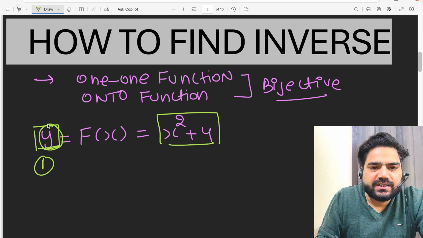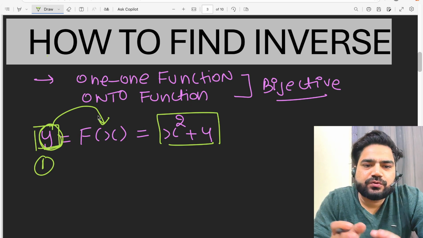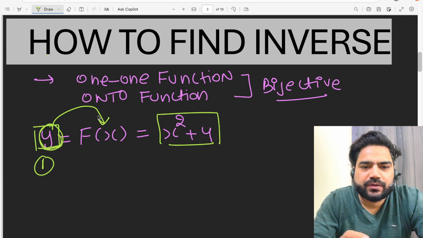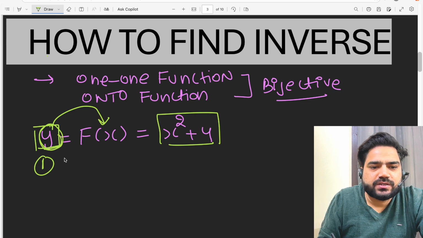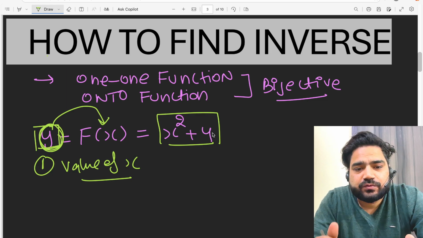It means y is a function given in terms of x. Now we have to reverse this process. We have to find x in terms of y. So our step number one is to find the value of x. The value of y is already given, y is separate, but now we have to find the value of x.